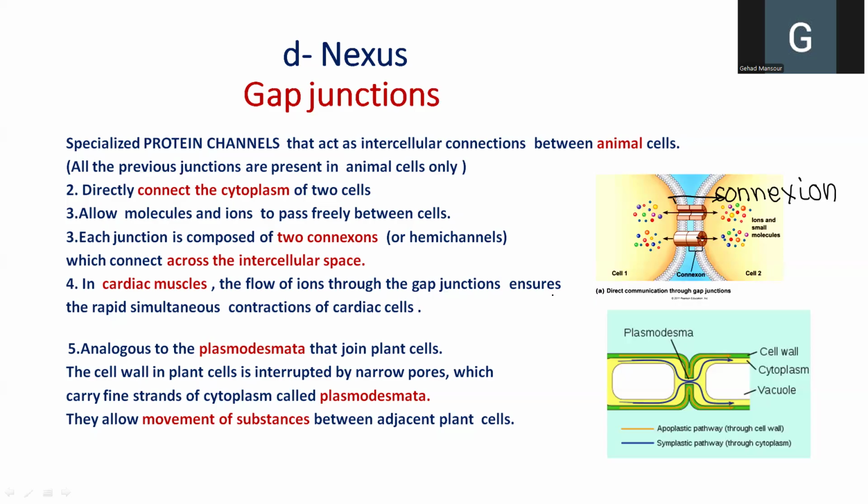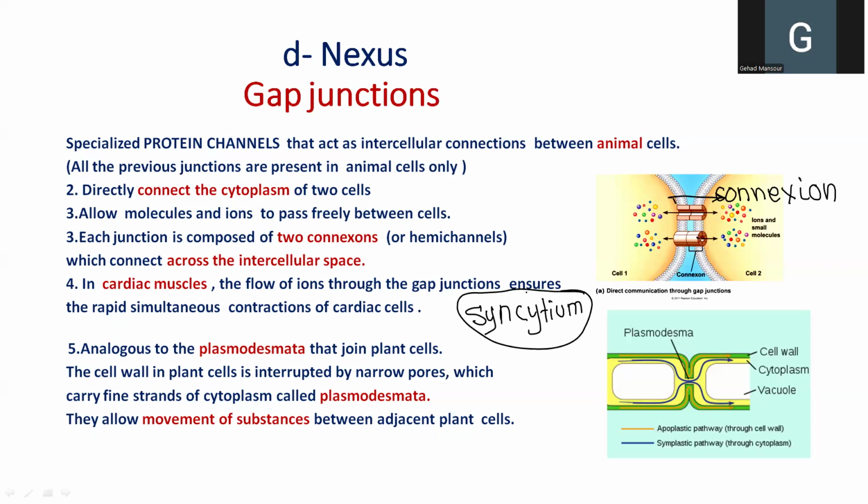So they act as a syncytium, as we've said before. And when we say that they act as a syncytium, we mean that they act as one anatomical unit. And this ensures efficiency of the cardiac muscle.